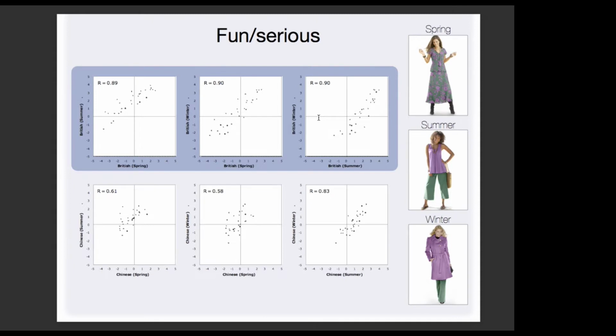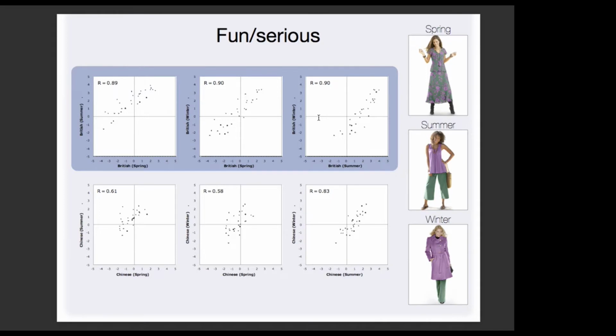When comparing the scale fun, for example, the graph on the top left has a correlation coefficient of 0.89. If you look at the scatter diagram, all the data points follow a trend like a straight line, so that for me is a very high correlation between spring and summer styles for British observers.